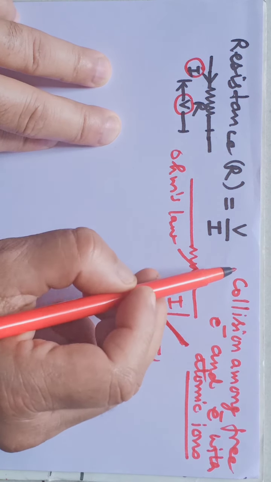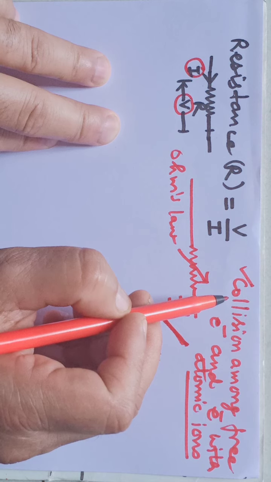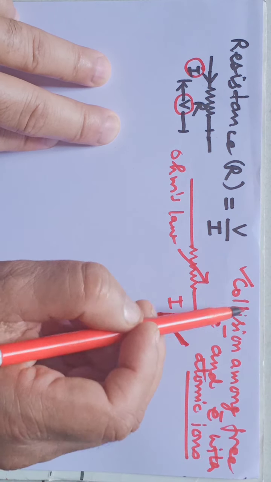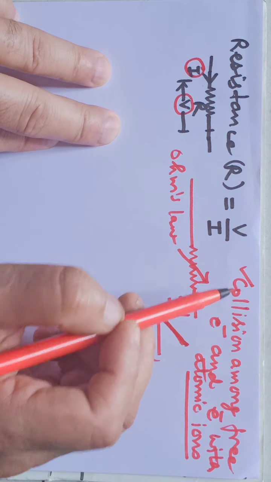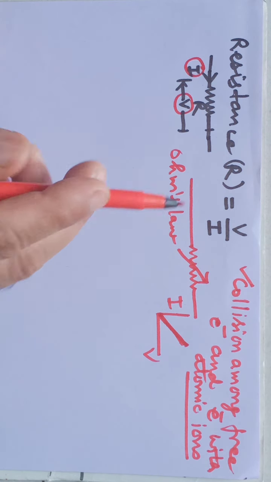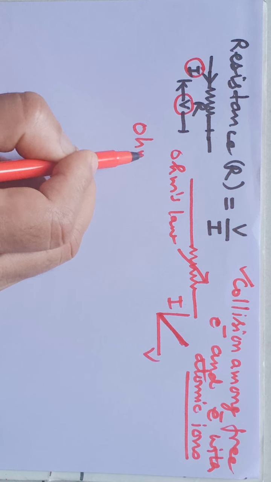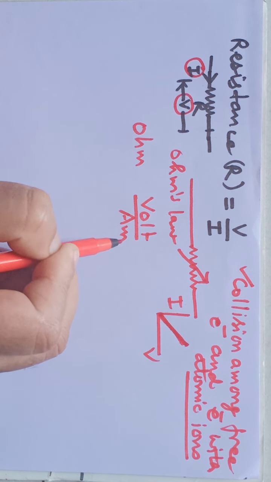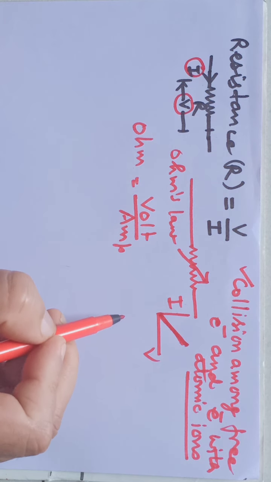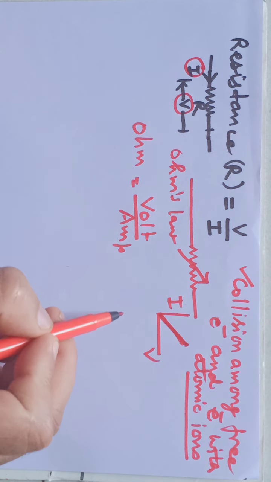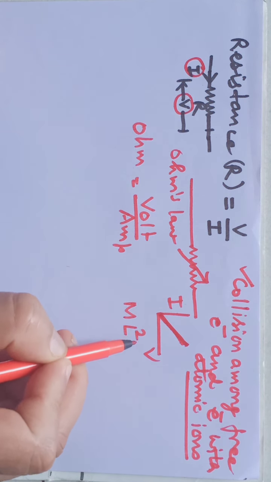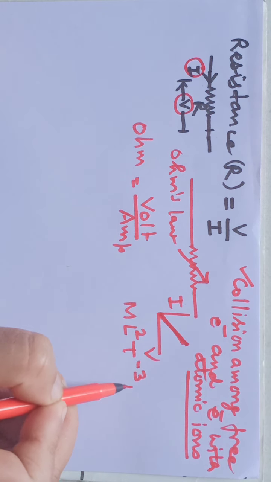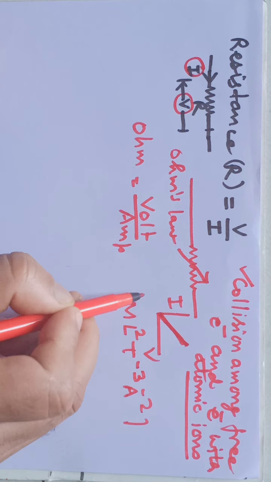So if the collision increases, the resistance increases. If collision decreases, resistance also decreases. And this collision depends on temperature. Its unit is ohm, that is volt per ampere, and the dimension is ML^2 T^-3 A^-2.